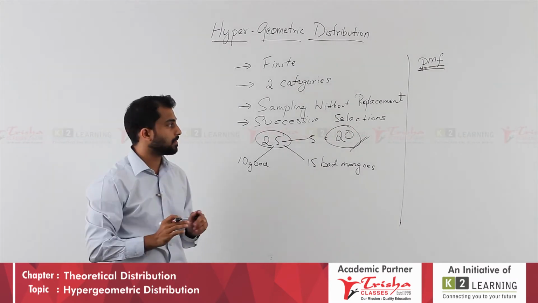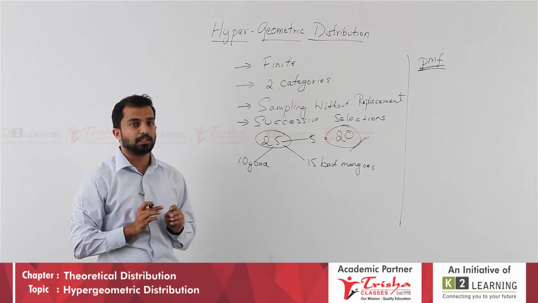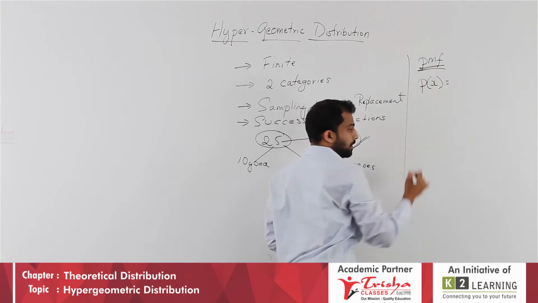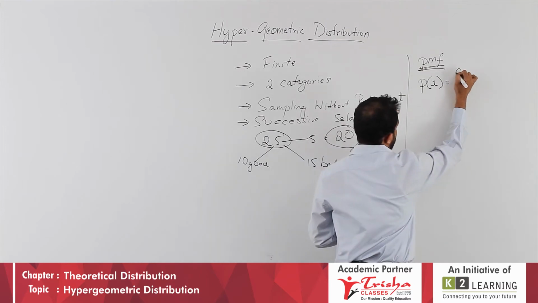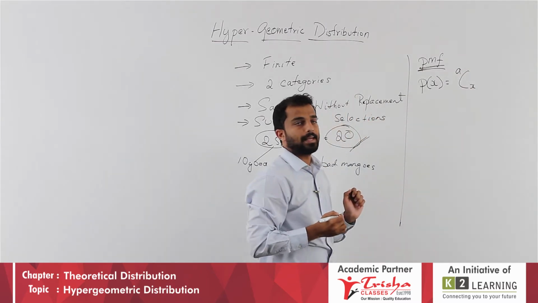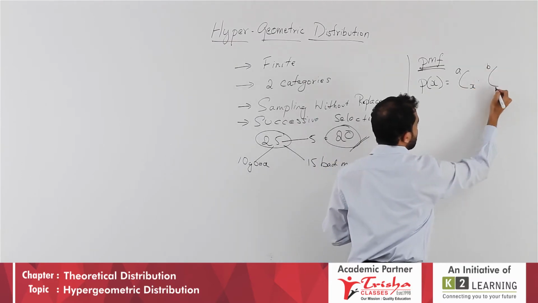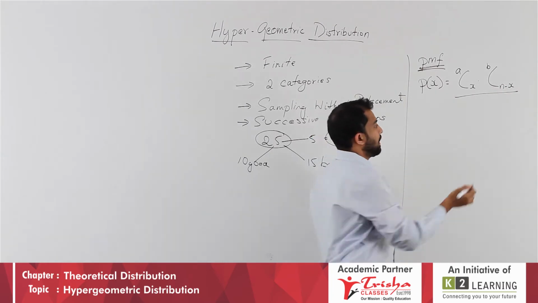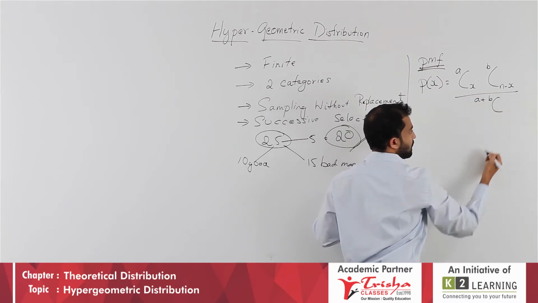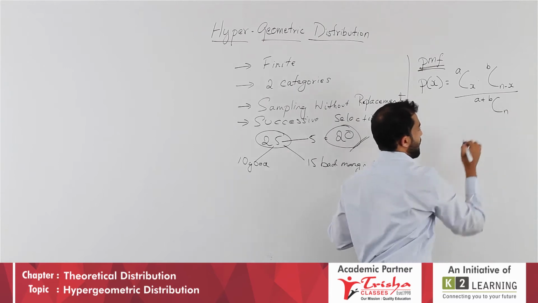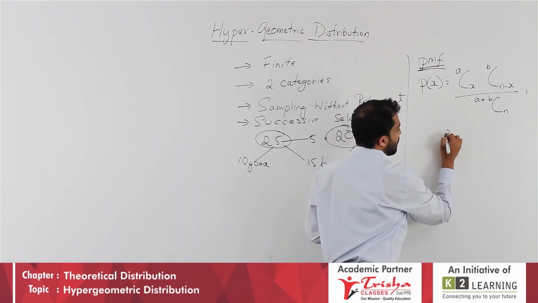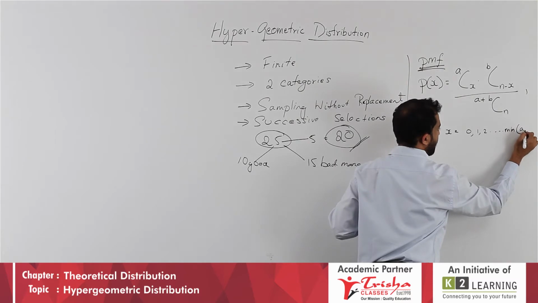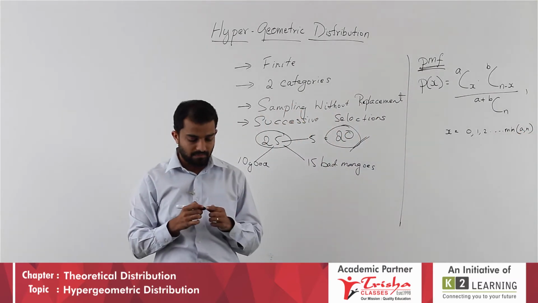Carefully follow the probability mass function for hypergeometric distribution. It is P of x equals ACx into BC(n minus x) divided by (A plus B)Cn, and the range is x equals 0, 1, 2 up to the minimum of A and n.